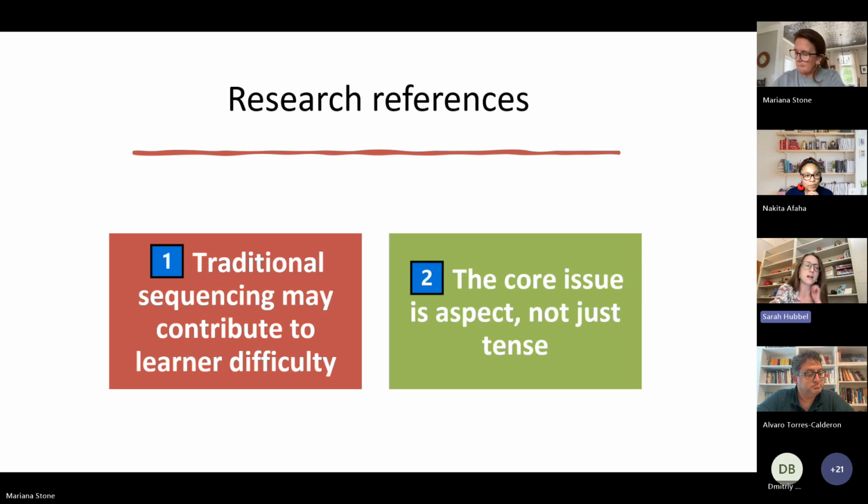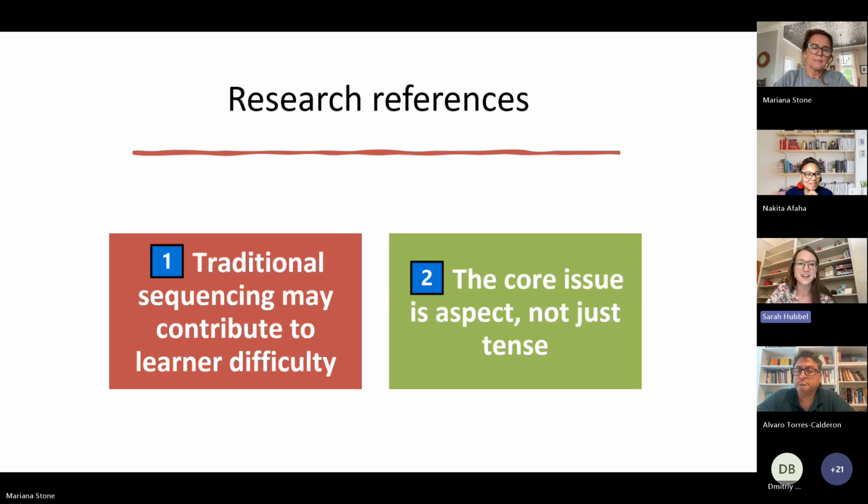There's a lot of irregularity, and so by introducing the imperfect first, not only are we aligning ourselves with what applied linguistics research has found about order of acquisition, we're also giving students a tool to begin to express themselves in the past by using a very simplified paradigm, which will allow them to grow in their communication skills at an earlier point in their Spanish education process. So that's the only thing that I have to add.